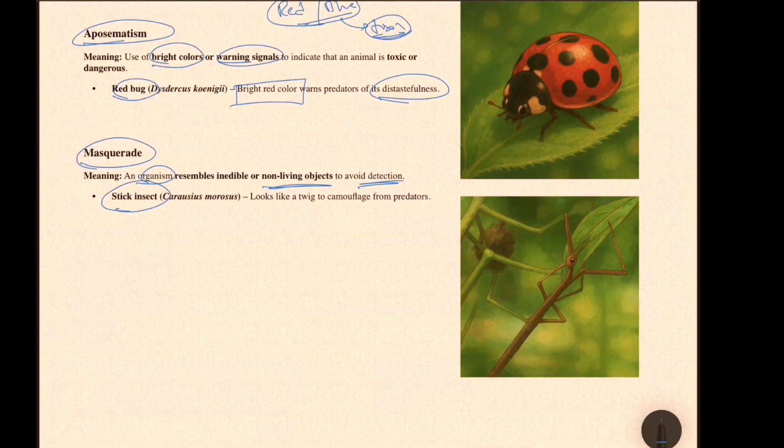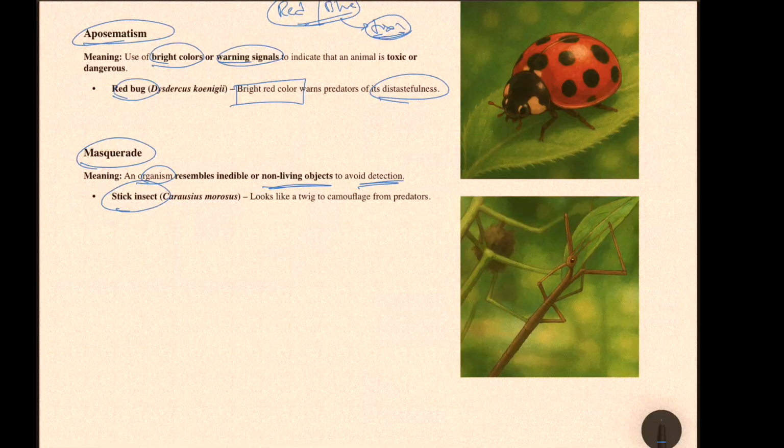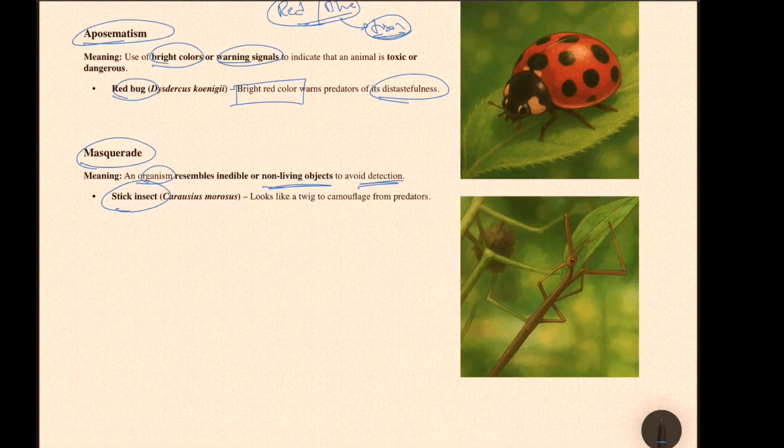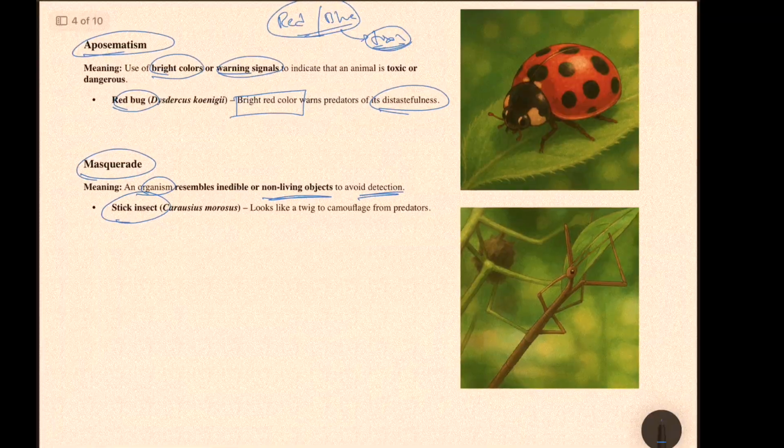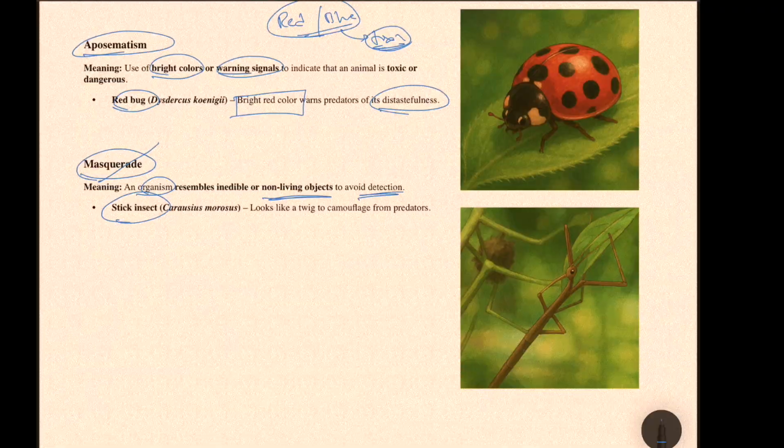If you observe it, it exactly resembles a twig or a stick, and it camouflages itself into the branches of a tree and is almost undetectable to the predator. So this is a survival tactic for many insects in nature.